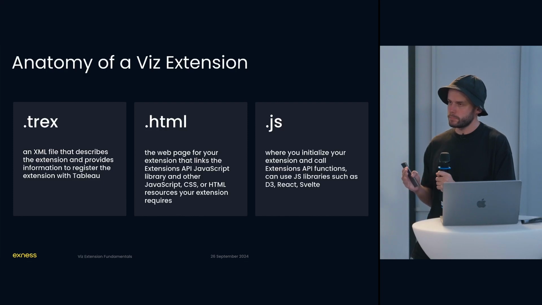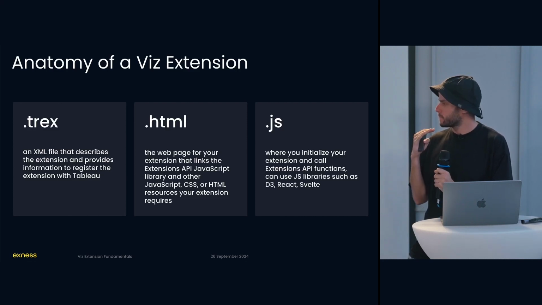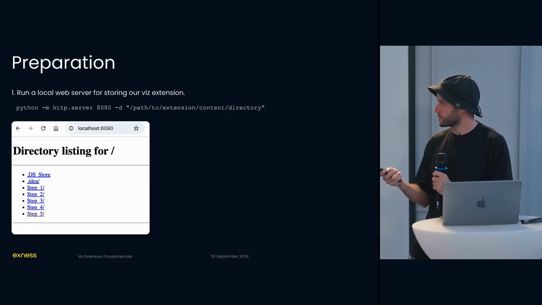It's just a web page where our chart will be shown and nothing more. And the third one is a JavaScript file. It's the brain of this extension, because here we are getting data from Tableau, here we are calculating, and here we are drawing our chart.